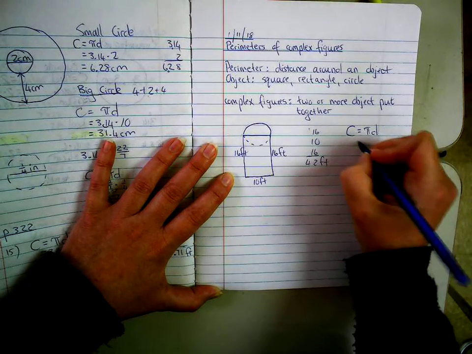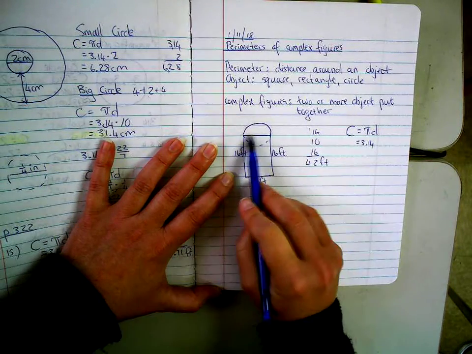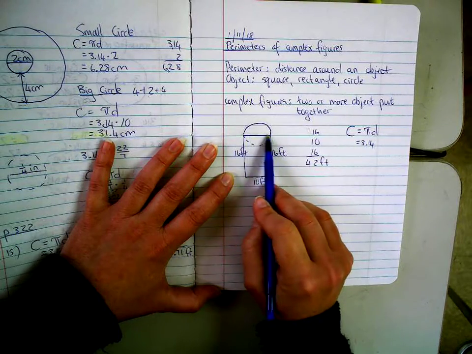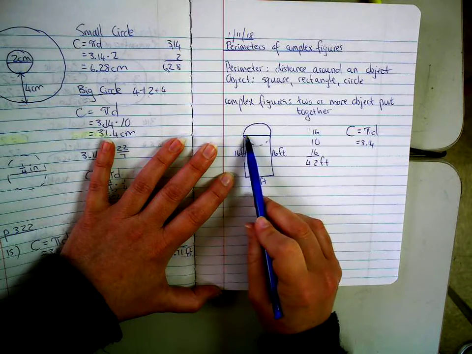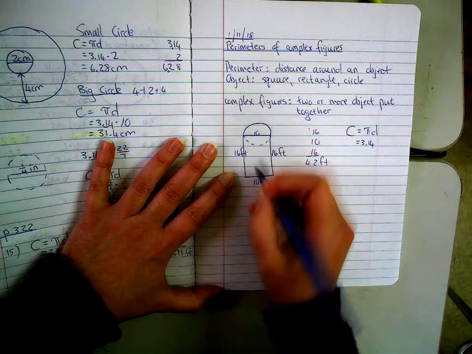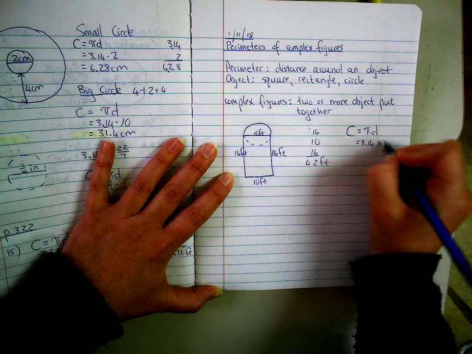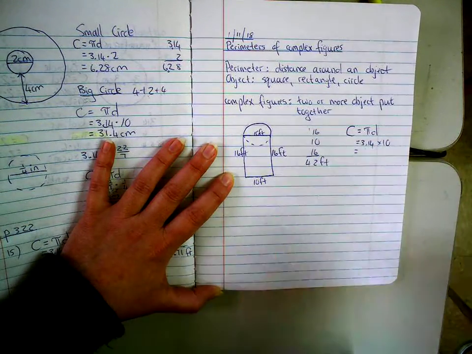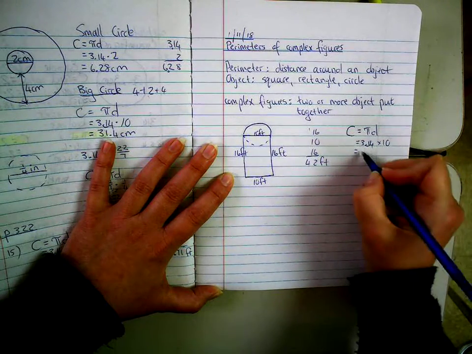We also learned that pi is 3.14, and now all I have to do is use the diameter. I don't have the diameter. Wait a minute. The diameter is also the width of the wall, which is opposite it, which is 10. So guess what? The diameter of this semicircle is 10. This is not difficult. Okay, so 3.14 times 10, that's easy. We can do times 10 in our heads. We're going to move this one place to the right, and it's going to be 31.4.